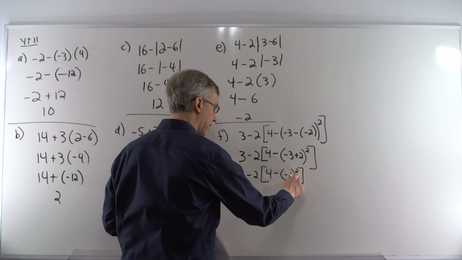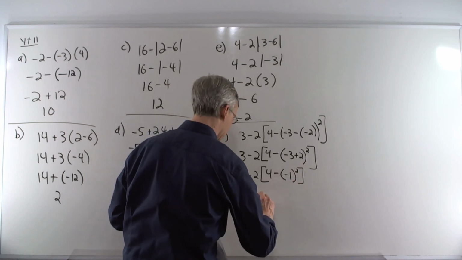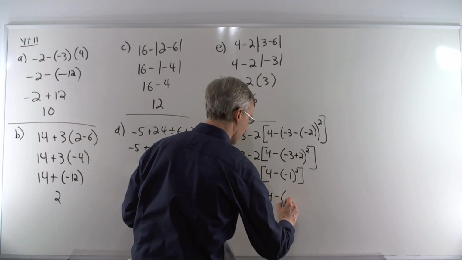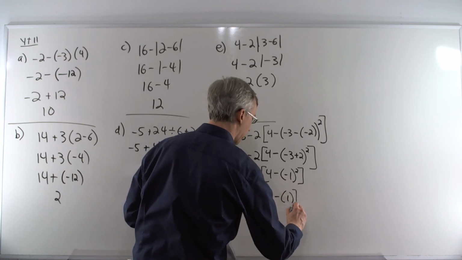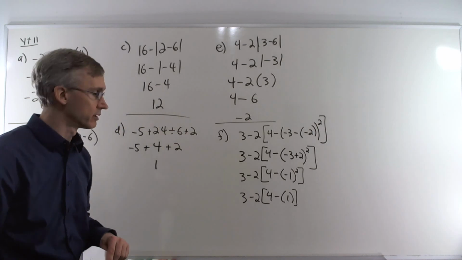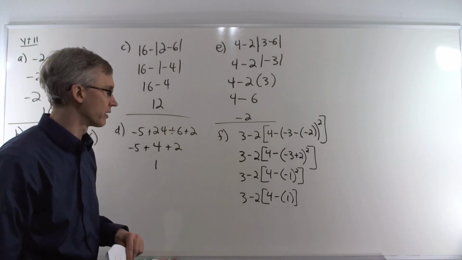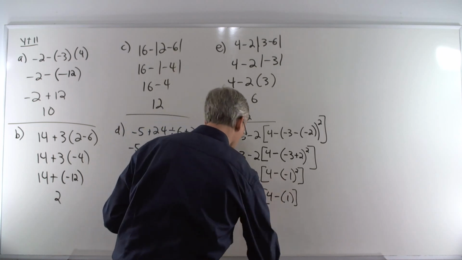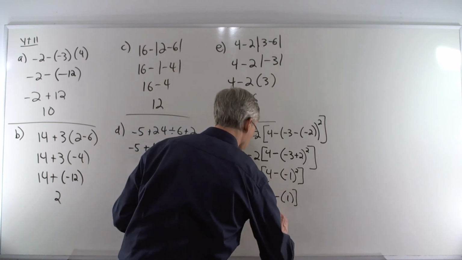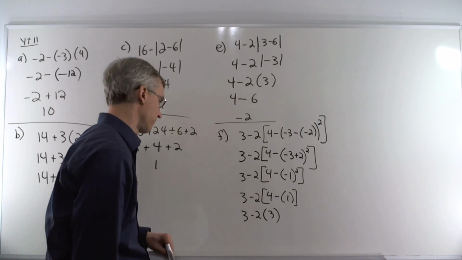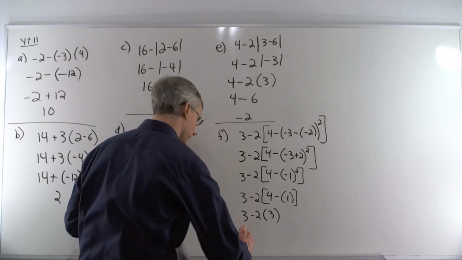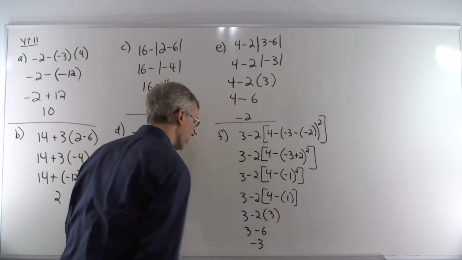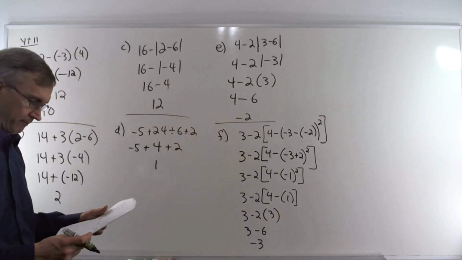So we're going to do this exponent next. -1 squared is +1, so that gives us 4 minus +1 inside this grouping symbol. Now we're going to finish off inside there, so we got 3 minus 2 times 3. And that gives us 3 minus +6, or -3 for the answer for F.